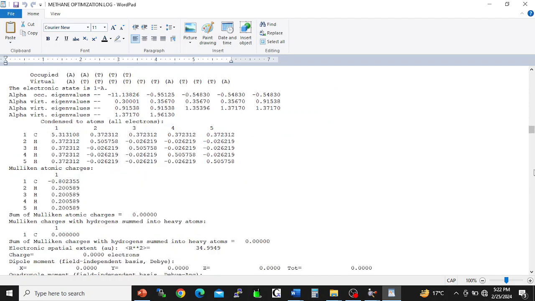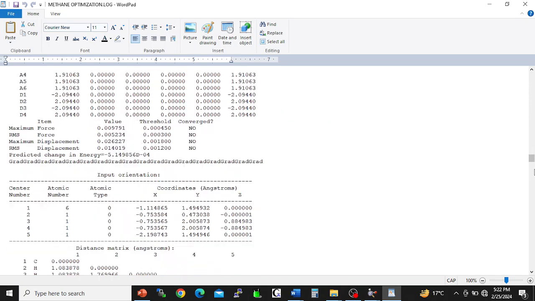If you further scroll down, you will see that in the first step, these are the convergence criteria. You can see there are 4 parameters: maximum force, RMS force, maximum displacement, RMS displacement. And here, this is the value calculated for this particular geometry, and this is the threshold.